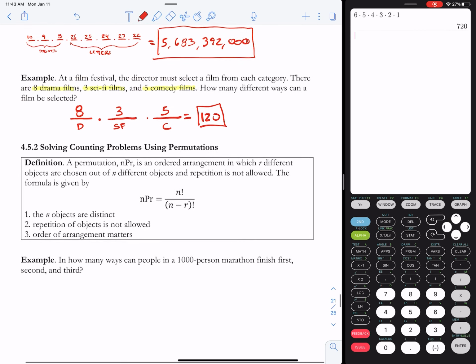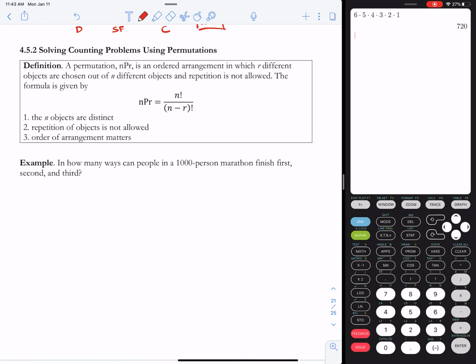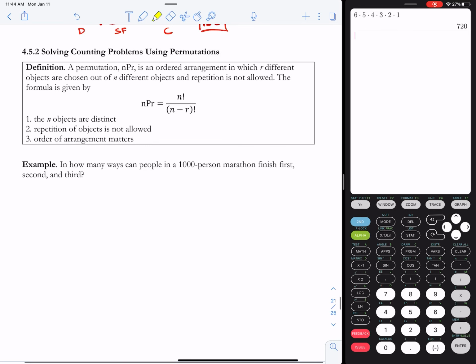All right, now we're going to move into solving counting problems using permutations. So there's some rules we're going to look at for permutations, but the definition is a permutation, n permute r, is an ordered arrangement in which r different objects are chosen out of n different objects and repetition is not allowed. So there's certain parameters that we need for a permutation.